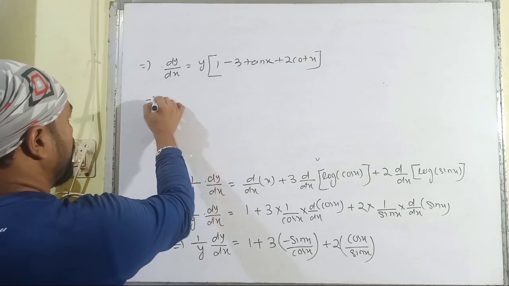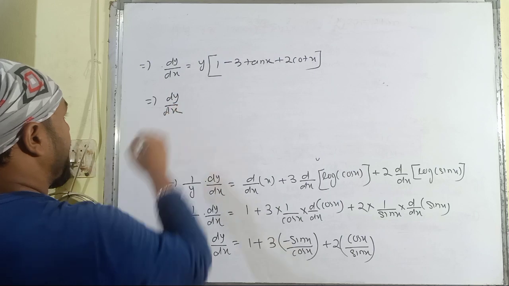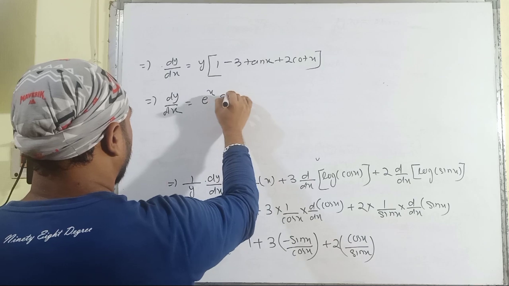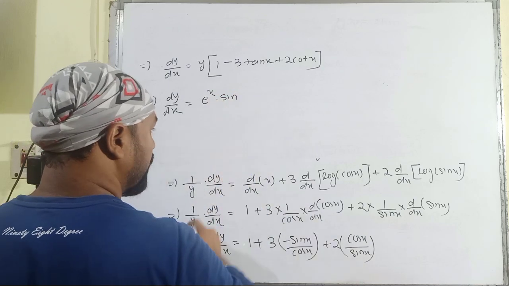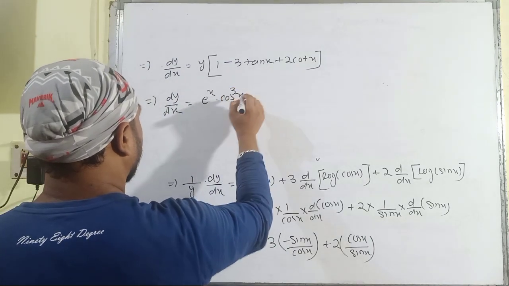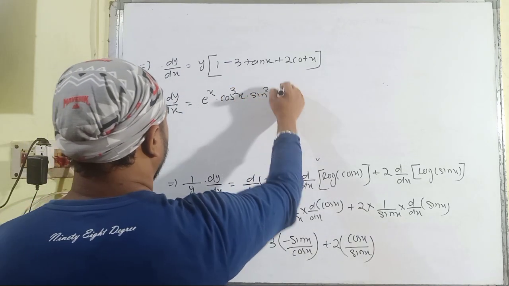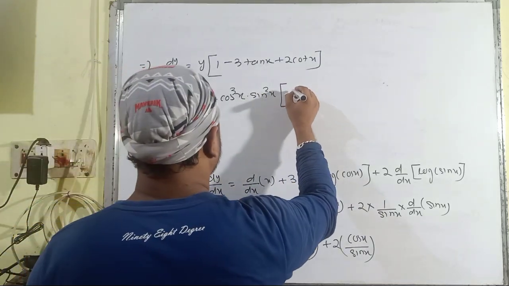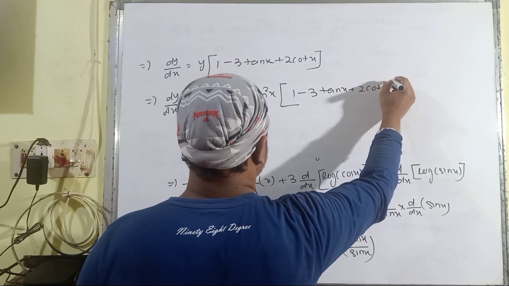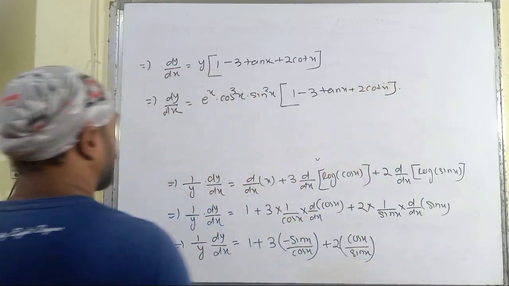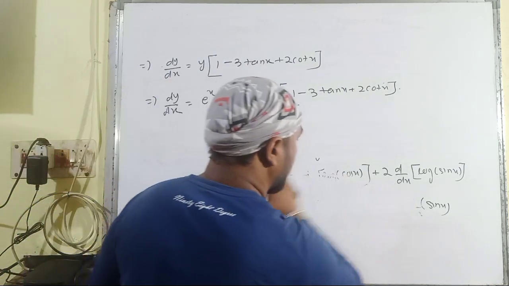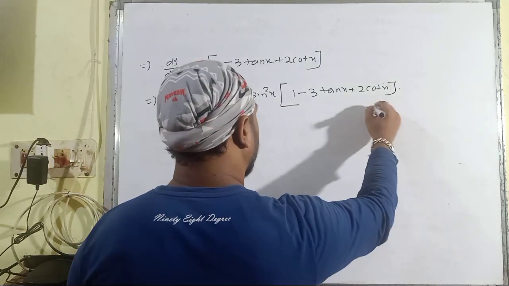Then we just have to put the value of y, which is e to the power x multiplied with cos cube x multiplied with sin square x, and the whole multiplied with (1 − 3 tan x + 2 cot x), and this is the solution for the given problem number 5. This is the answer.